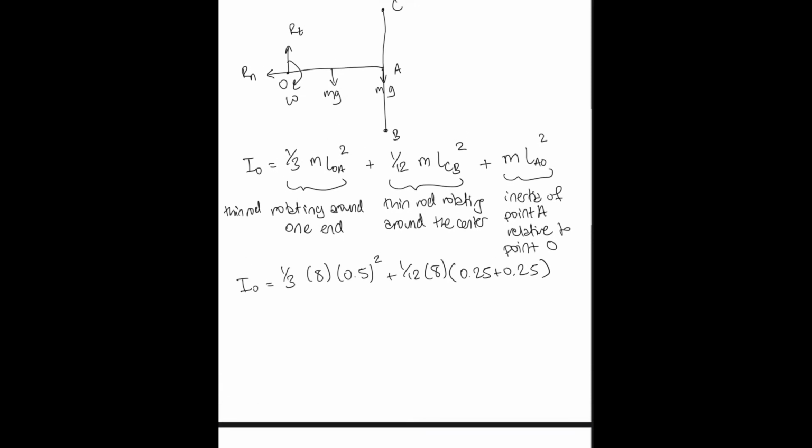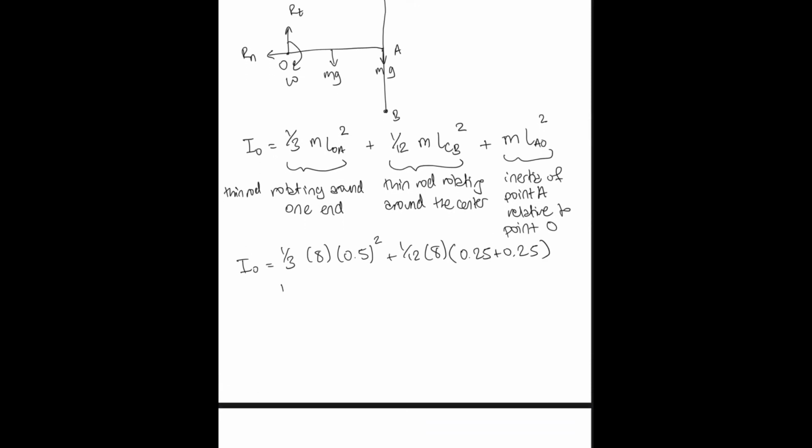So that's the length of rod CB, plus 8 multiplied by 0.5 squared, to give us the rotational inertia is equal to 2.83 kilograms meters squared.